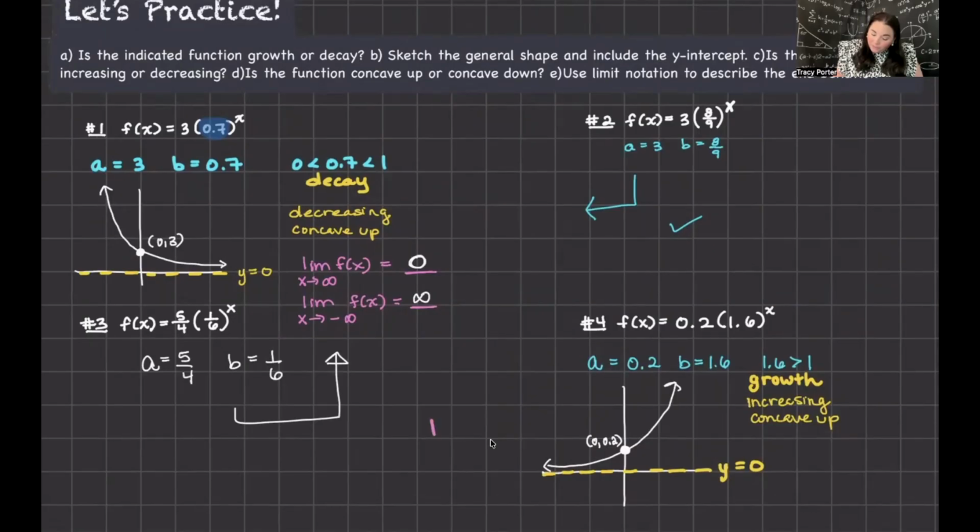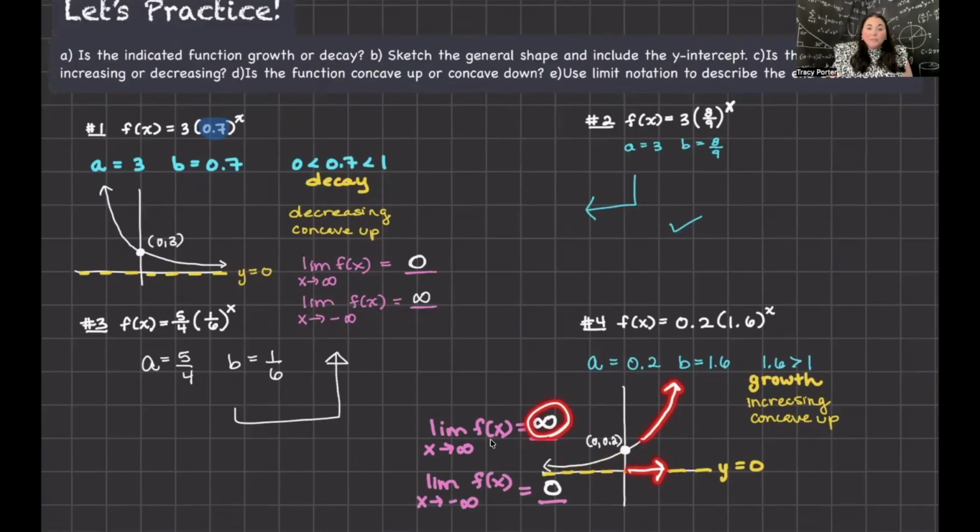So if we have the limit as x approaches infinity of f(x), and then the limit as x approaches negative infinity of f(x), now we're interested in seeing what is happening as you go left and right. This time as you go left, you can see that the function approaches 0. So going left is 0, but as you go to the right, the function values are getting larger. So we say that's going to positive infinity.